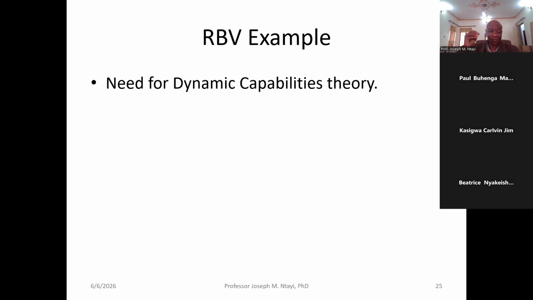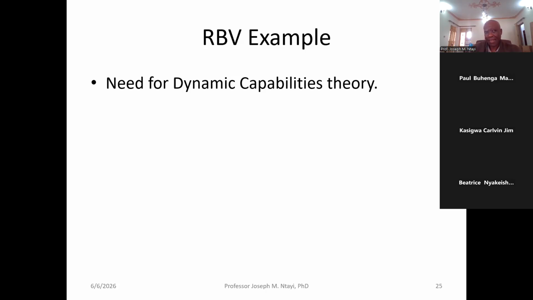So which means that your formulation will say, yes, these are resources. First of all, you begin by acknowledging that these are resources, and some of the resources you are talking about are actually rare, valuable, inimitable, and non-substitutable.